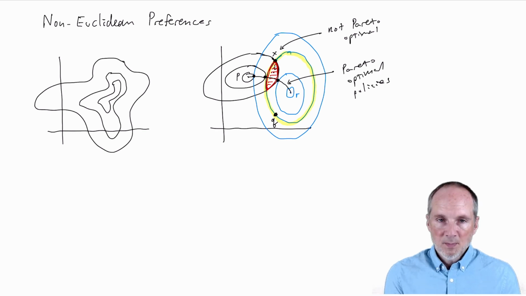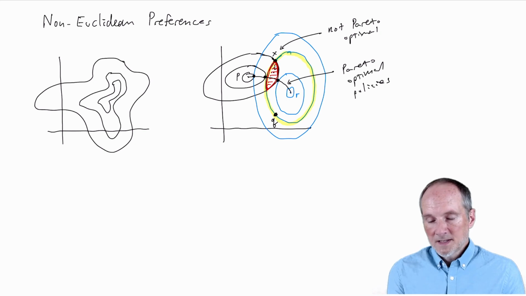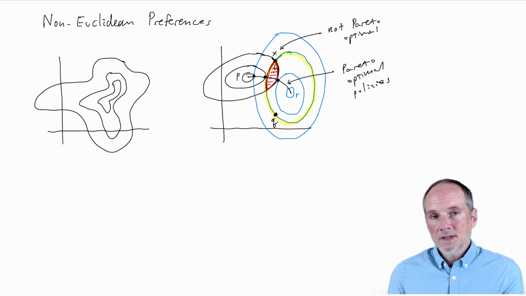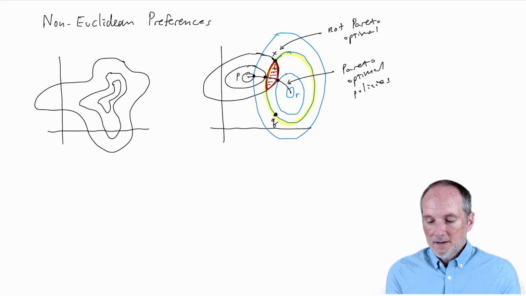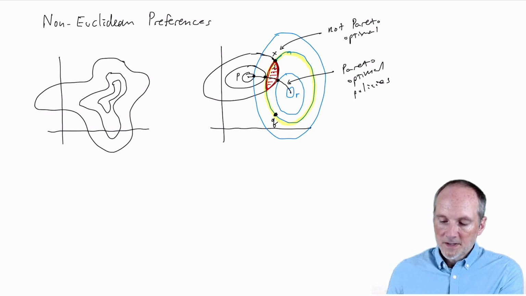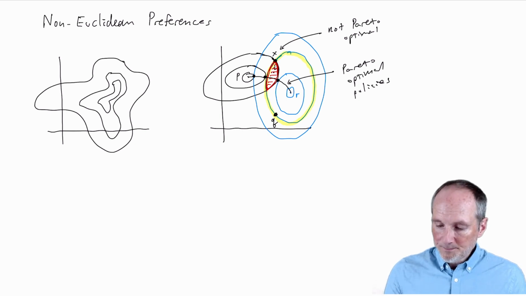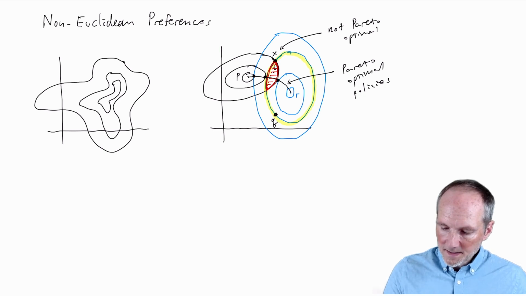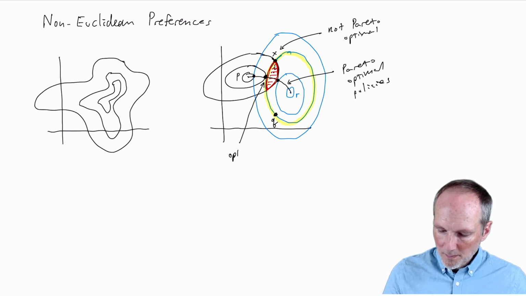And politician 1 just proposes the best thing she can. With non-Euclidean preferences, that may not be the closest thing to her ideal point, and it doesn't look like it is here, but you basically just have to look in the feasible set in that approval region for the policy on the highest indifference curve for politician 1. And in this case, it would be this policy here. That would be the optimal proposal.